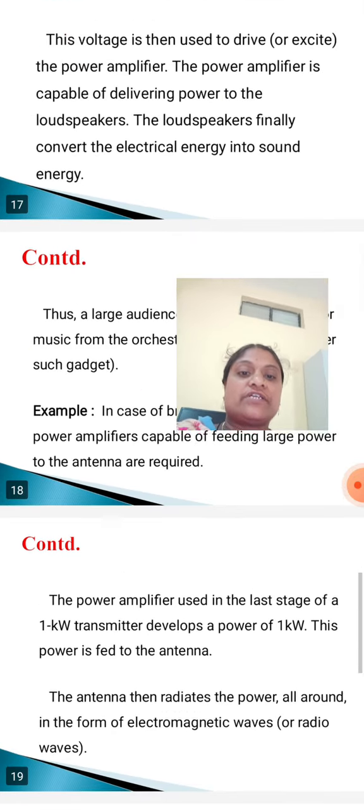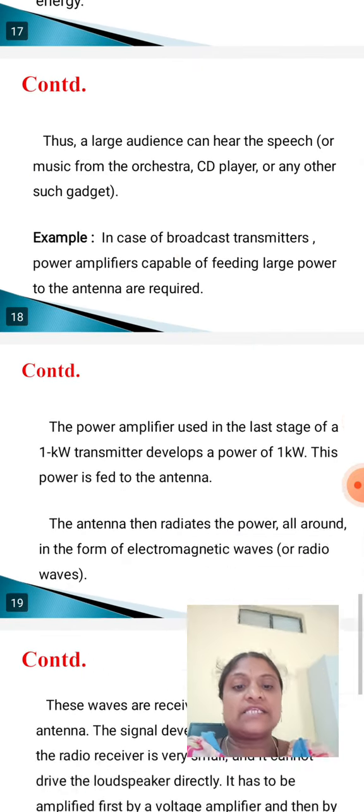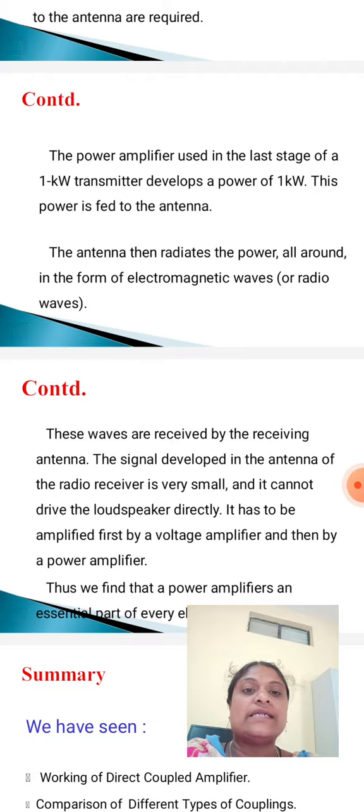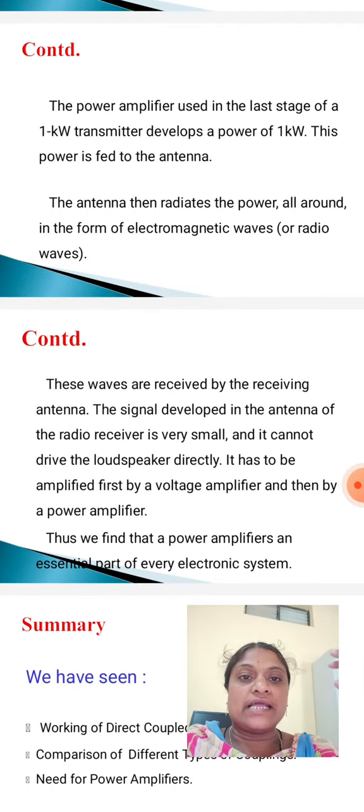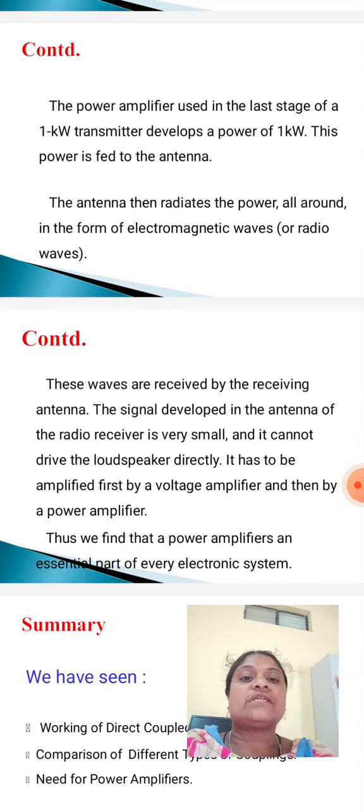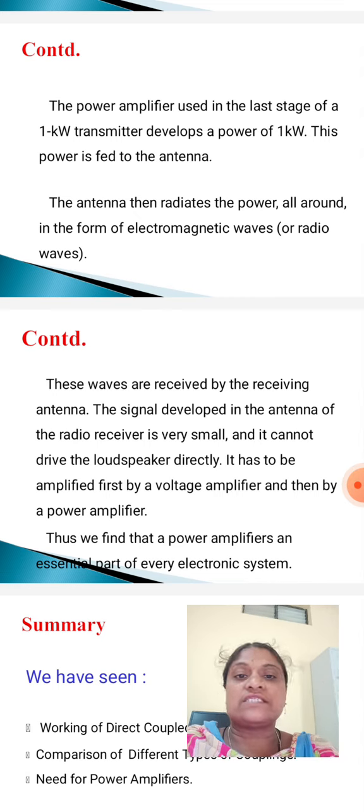This power is fed to the antenna. The antenna then radiates the power all around in the form of electromagnetic waves or radio waves. These waves are received by the receiving antenna.